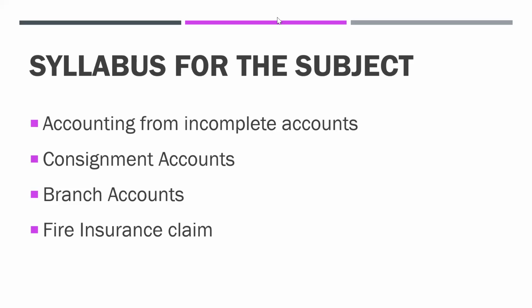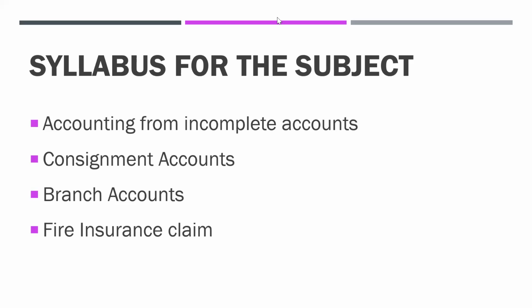In branch accounts, there is a head office, which is the main branch. Suppose a setup in Chembur is able to cater to the needs of the people in Chembur. But if the owner of the business wants to increase its market, increase its reach, then he will set up branches in other places, for example in Thane, in Bhiwandi, in other areas, so that he can cater to the needs of the people residing in that particular place.